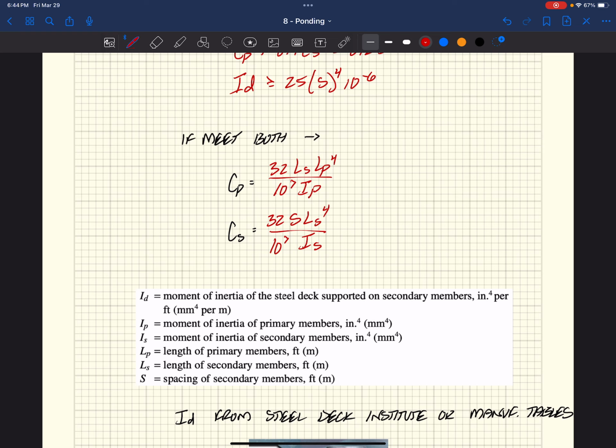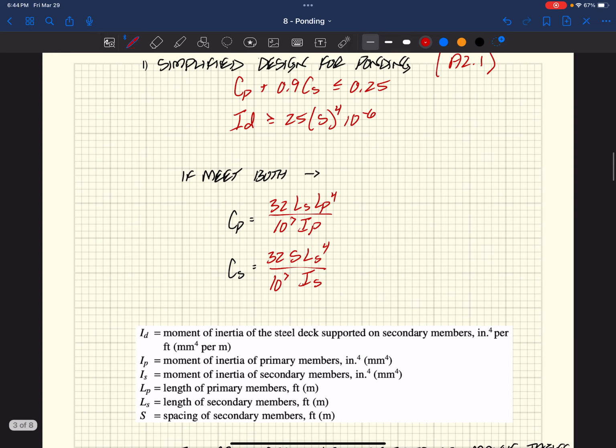So now this is a relationship of span to stiffness, and it takes into account the span of the deck between my primary members, which can influence our ponding. If we have a long span between our beams, that's a higher potential for deflection and gives us higher potential for ponding.